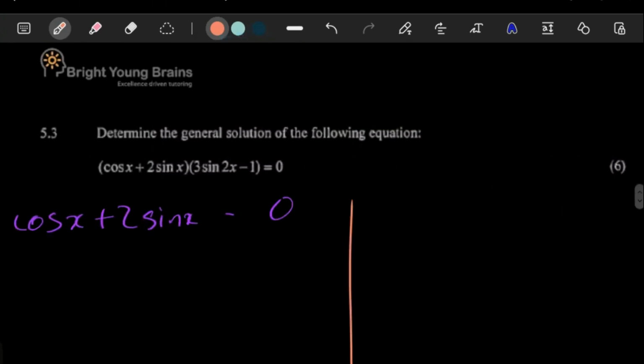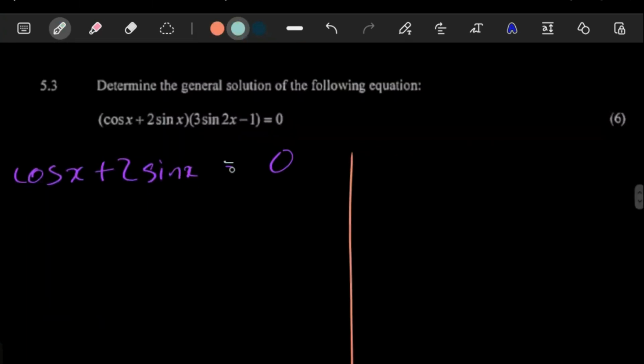Since this is equal to 0, you want to get at least one variable. This is looking like we're going to end up with a tan, so we're going to have to divide by a cos.